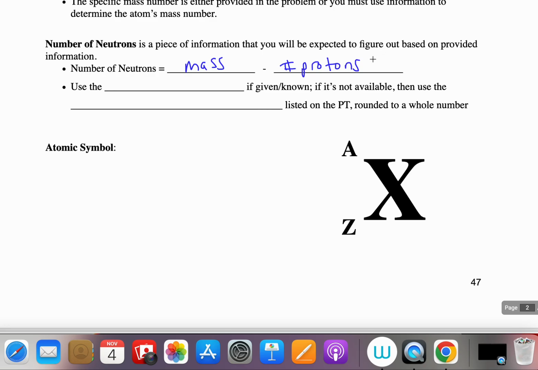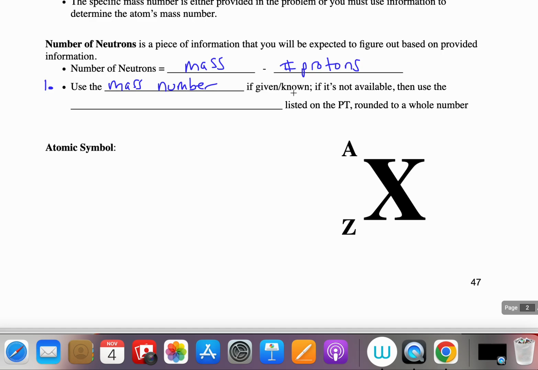Here is the part that we have to work through, based on the information that is available when you solve this. Choice number 1, use the mass number, the personal mass, if it's given or known.